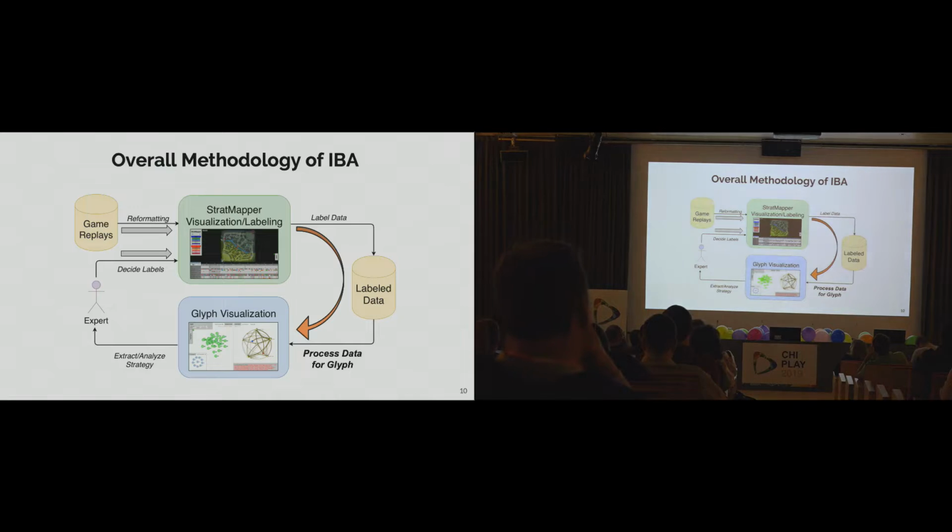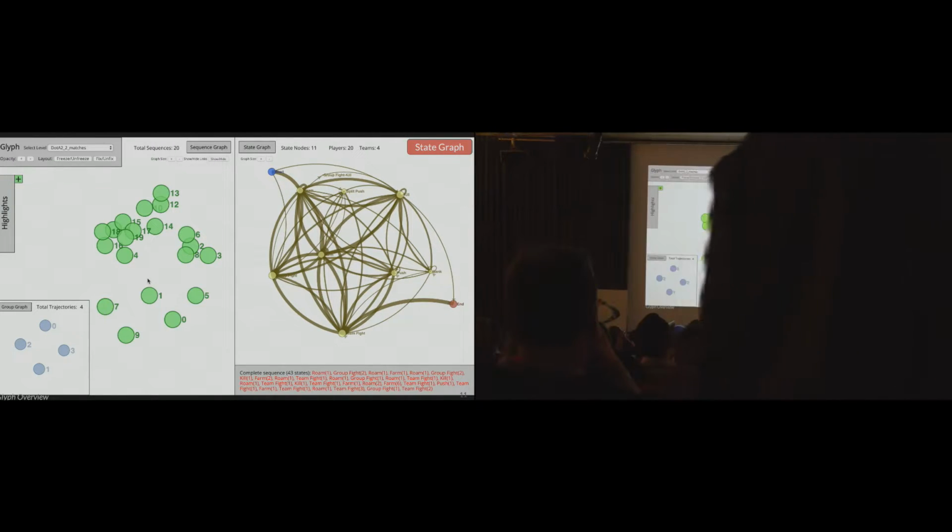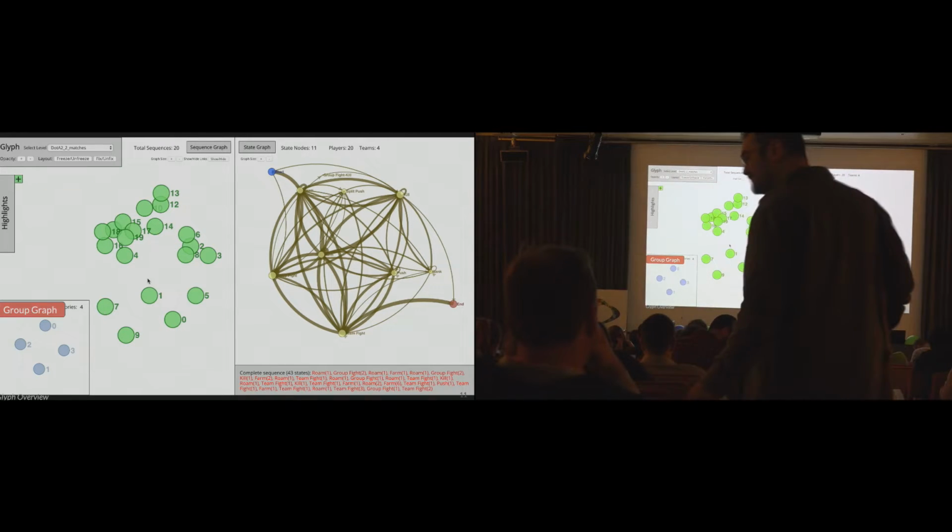After the labeling is done, the label data is processed and fed into another visualization system named Glyph. Glyph is a visualization system that allows easy understanding as well as investigation of player strategies. Glyph is comprised of three visual representations: a state graph, a sequence graph, and a group graph.